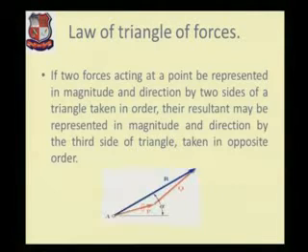If we see here, these are the two forces P and Q, and these two forces are represented as the two adjacent sides of the triangle taken in order. Taken in order means head of one force will meet at the tail of the other force. Then the closing side will give the resultant in opposite order. So side R is shown in the figure.